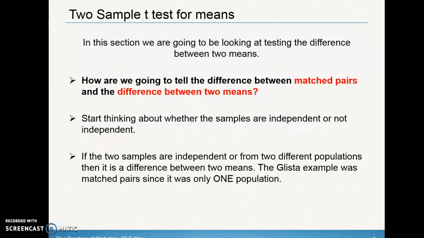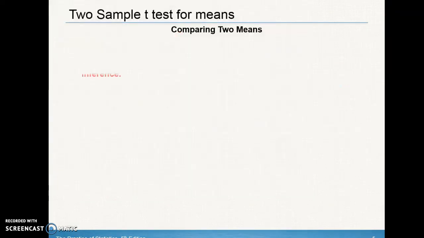If the two samples are independent or from two different populations, then it's a difference between two means. The Glista example was a matched pairs because it was from one population, one school in the McLean Pyramid, and I broke it up into two different time periods within that same one population.